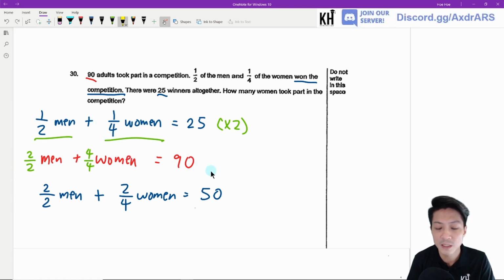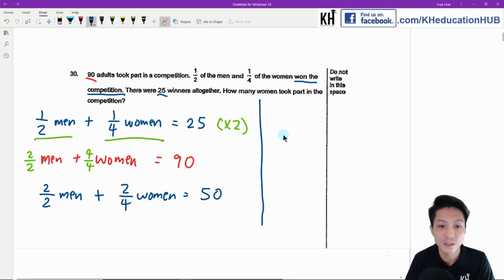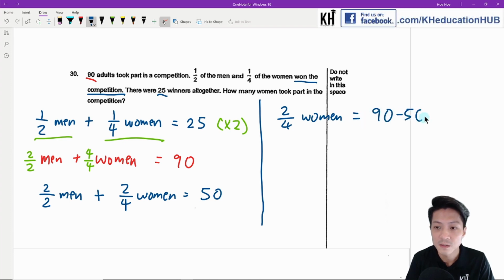Which means that the 90 minus 50 will give you the difference between the 4 out of 4 women and the 2 out of 4 women. So in the next step, you should realize that 2 out of 4 women is equal to 90 minus 50.